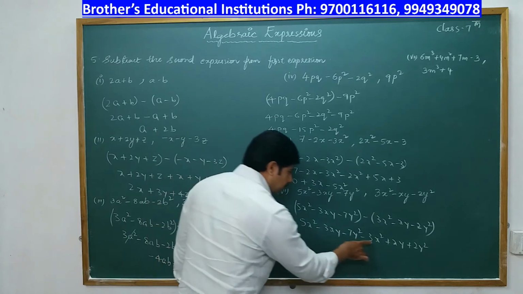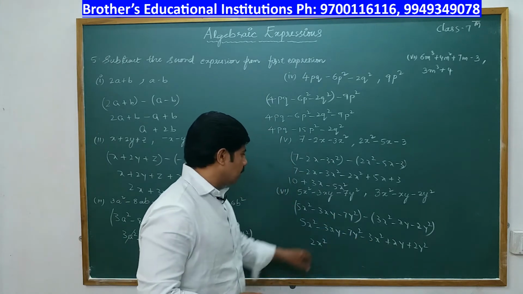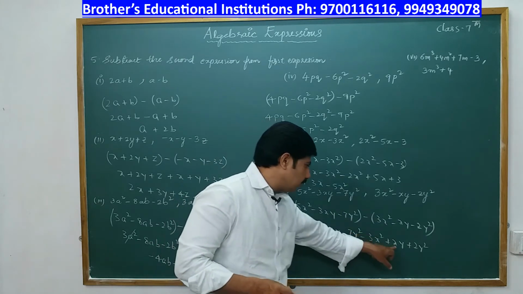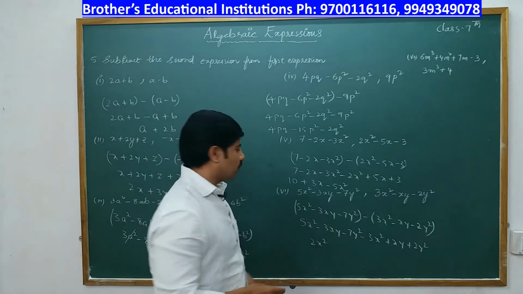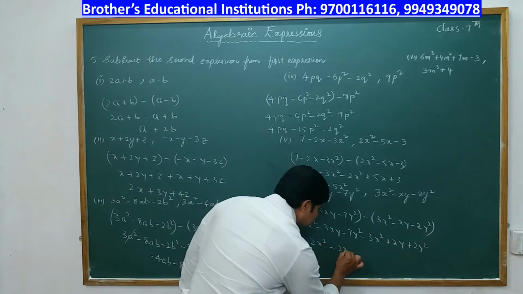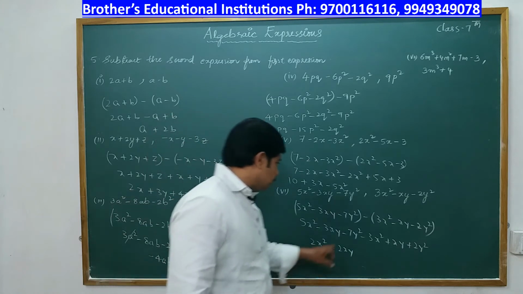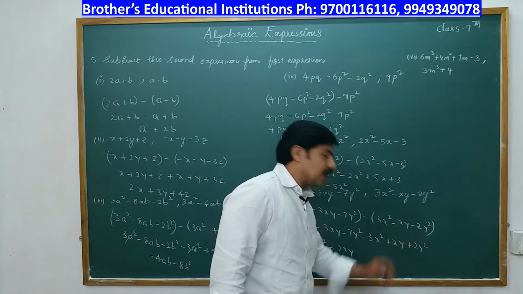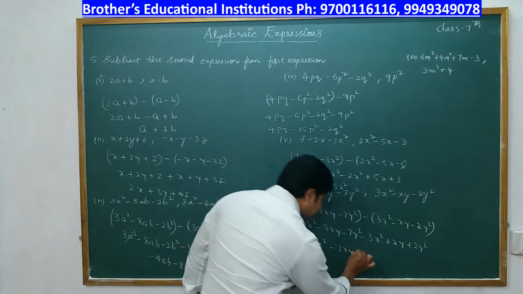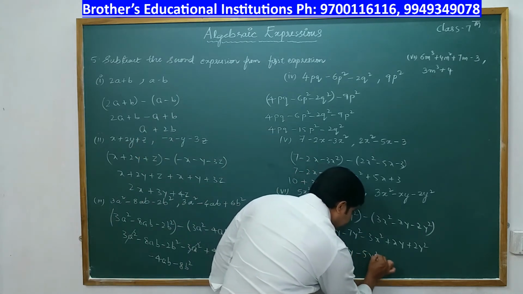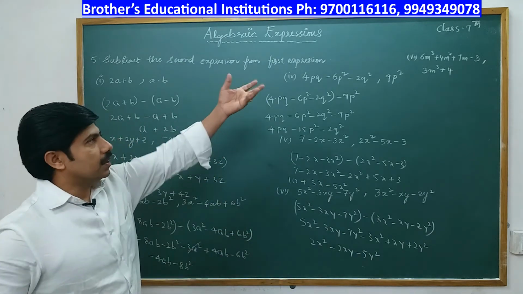Now 5x square minus 3x square is 2x square, right? Then minus 3xy plus xy is minus 2xy. Then y square terms, minus 7y square plus 2y square, minus 7 plus 2 will become minus 5y square. So this is completed.